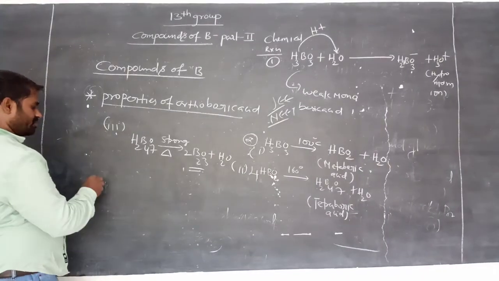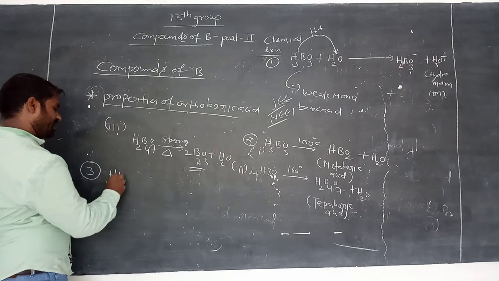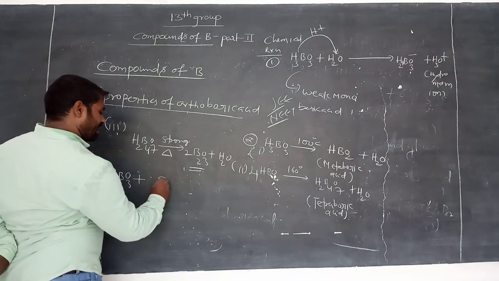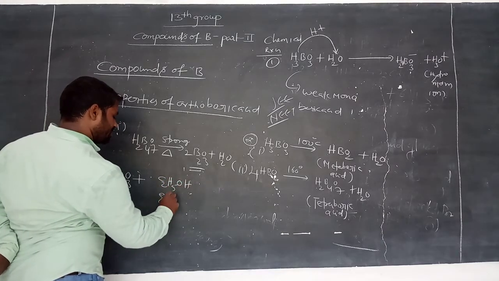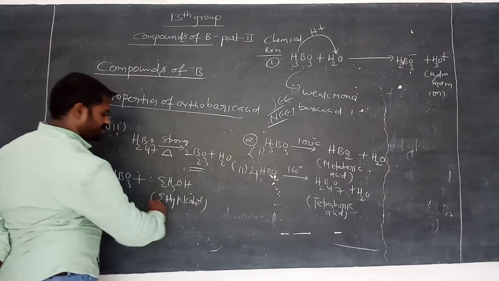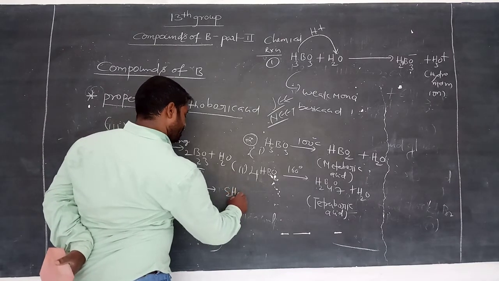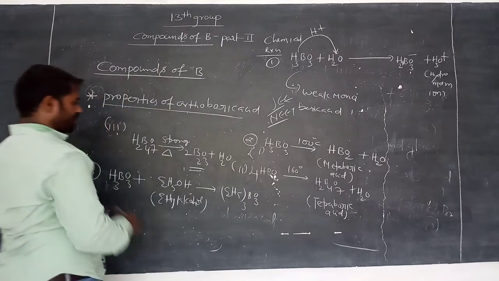And one more important chemical reaction, that is when H3BO3 interacts with ethyl alcohol, what we call ethyl alcohol spirit. Okay, so it gives B(OC2H5)3.